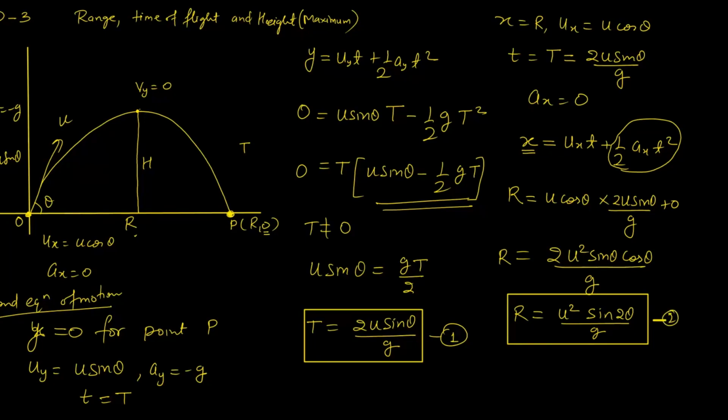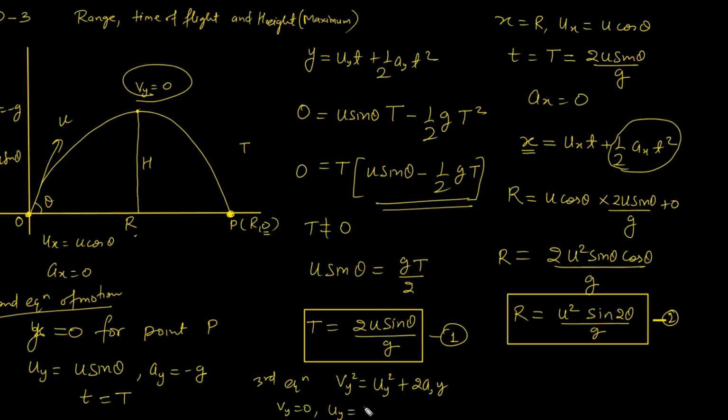Now we have to derive the expression of height. For height, we will use the third equation of motion. So we know Vy square will be uy square plus 2ay into y. Now the final velocity is 0 at maximum height, so Vy I will put 0.